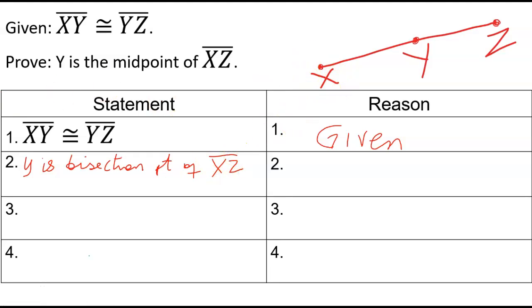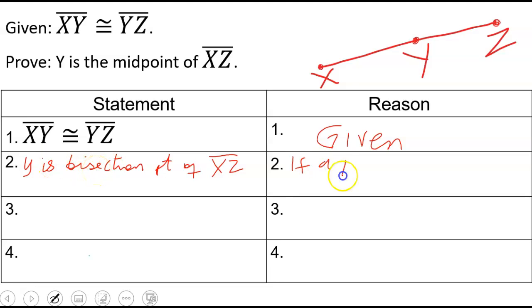Why is it the bisection point? Based on this division. The first part of our reason has to refer to the statement above that is given to us, and then the second part has to match what we wrote in step 2.